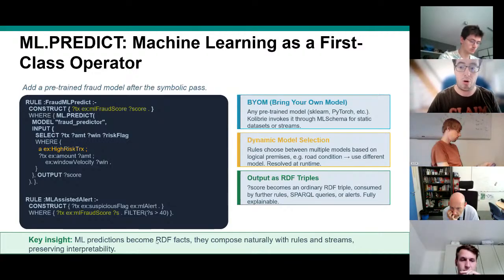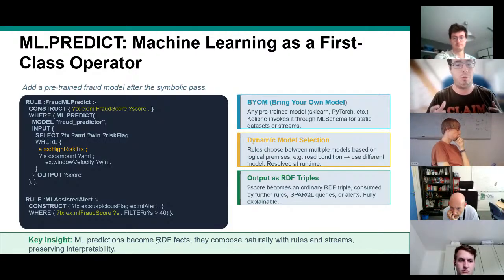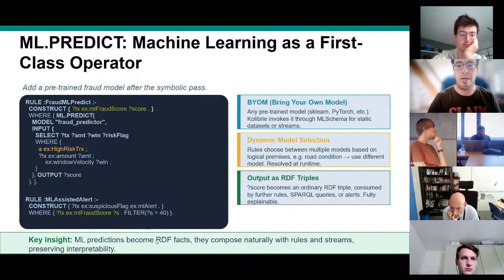Here it's the score, and this output will be presented as an RDF triple, which is really cool, because then you can use this output, for example, in another rule, or in a query if needed. So this is a really nice and elegant way, I think, to work with that.